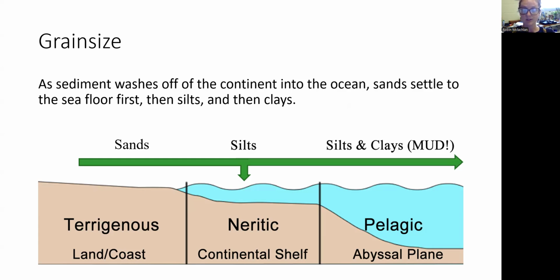So if you go off to a continental shelf and you dive down, you go scuba diving, the sediment there is very, very soft, very, very fluffy, really easy to pick back up because it's made out of more silts than sands. You go even further into the abyssal plain, and that's where you get silts and clays, right? Again, clays are so small that they don't settle in water on any sort of reasonable time scale.